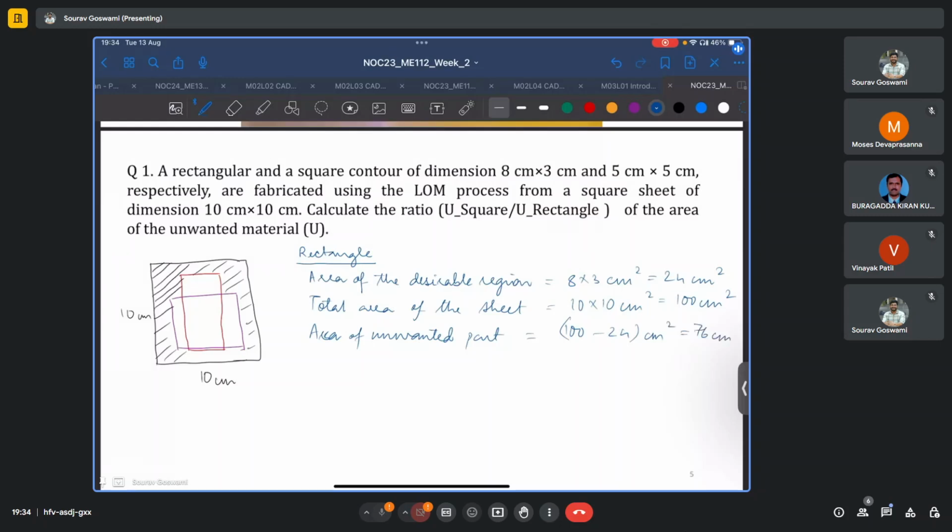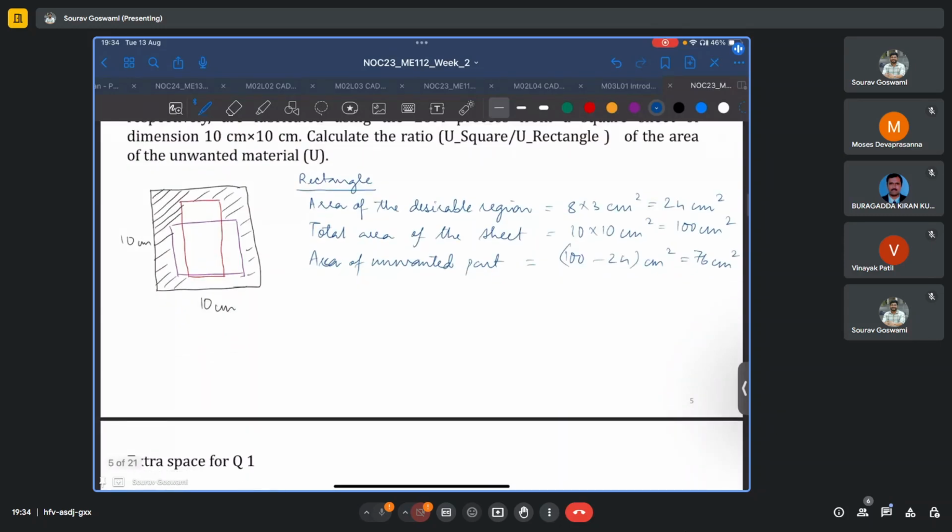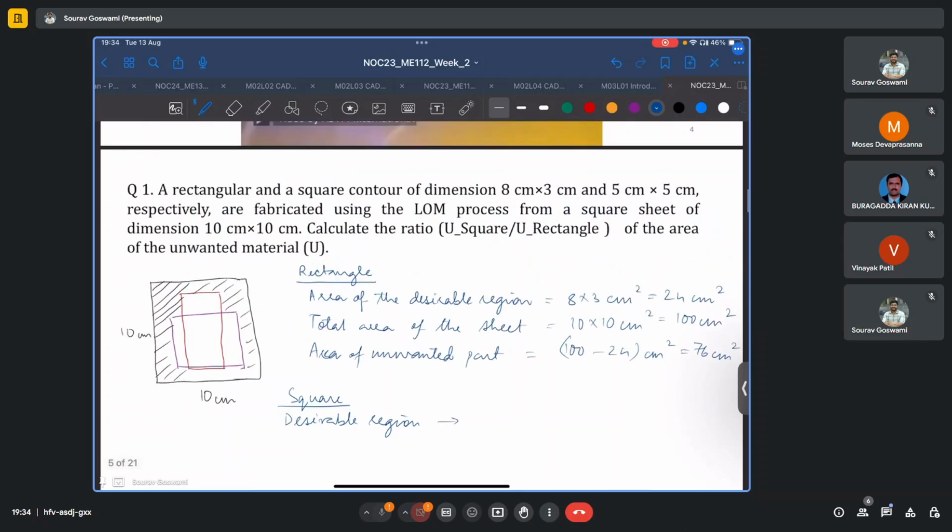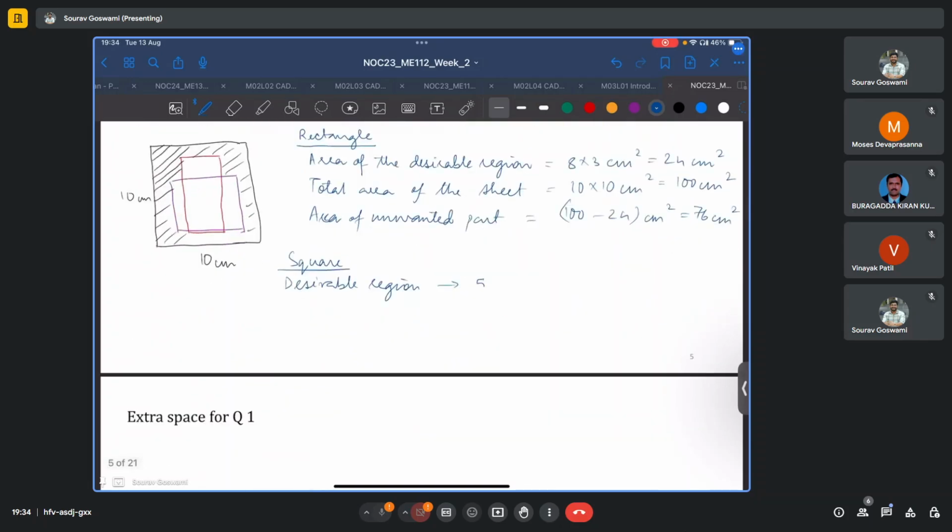or 76 centimeter square. Let us repeat this exercise for the square region. Again, the desirable region has an area which is 5 cross 5.